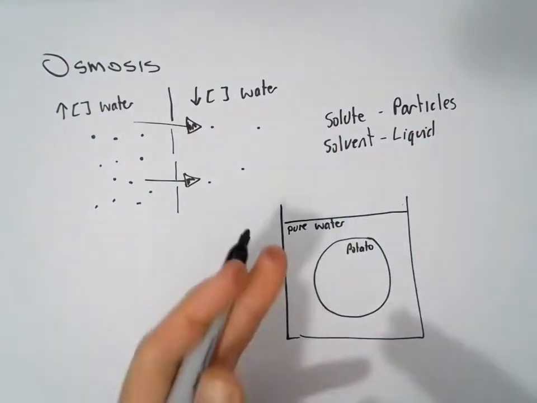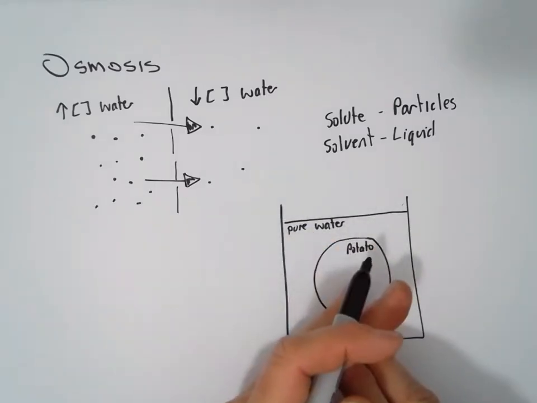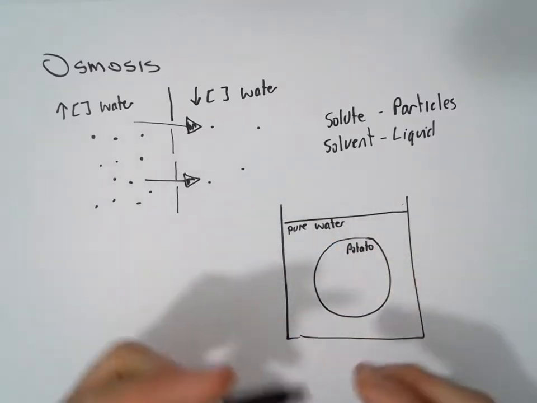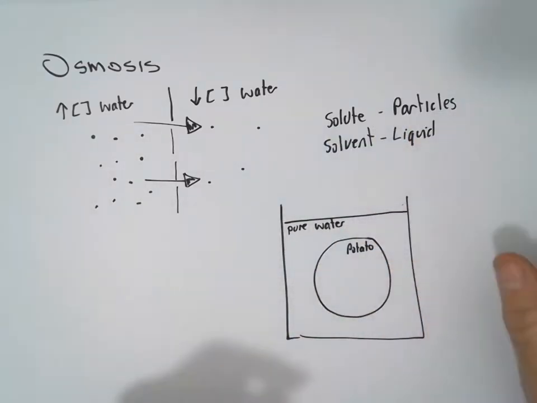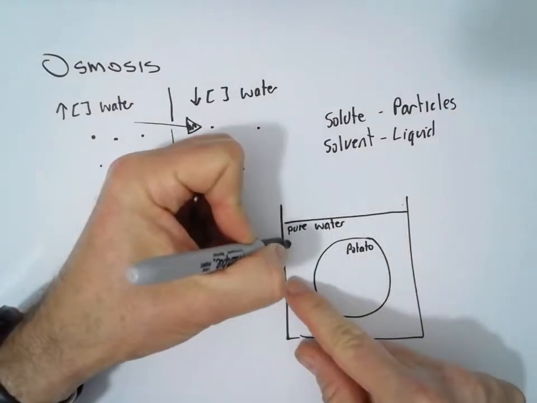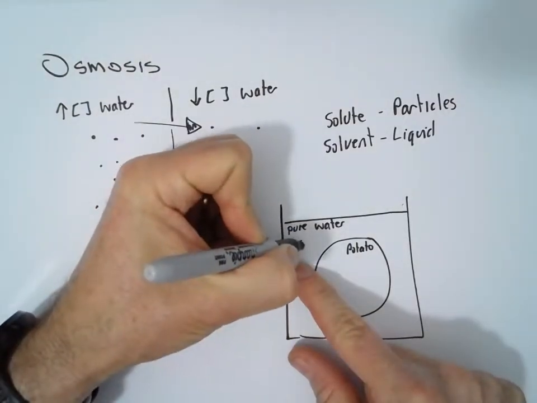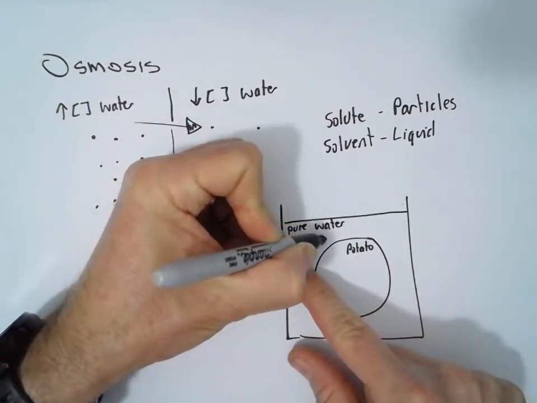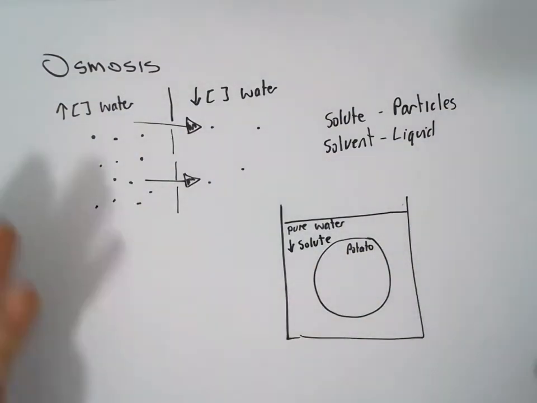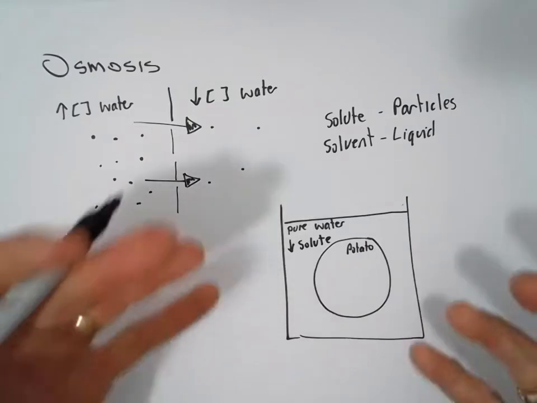What we need to do is look at the proportion of water on either side, and what helps us do that is to consider how much solute is on either side. So pure water means it's got a very low, if not no, solute. Okay, so it's got no salt, no glucose, but it's pure water, so it's got lots and lots of water.